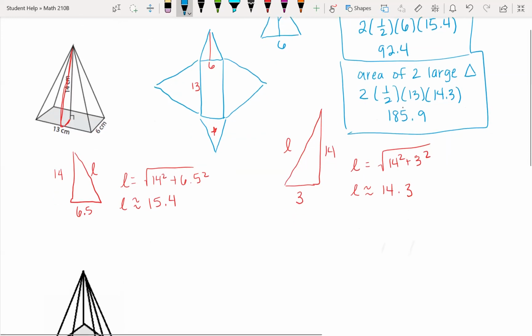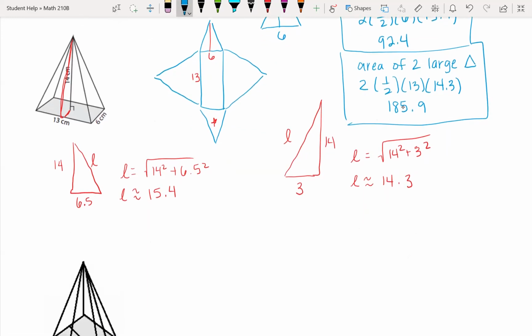Okay. So then the total surface area is going to be the area of the rectangular base. The rectangular base is 13 by 6, right? 13 by 6 is 78. That's the rectangle. And then we have 92.4, which is the two small triangles.